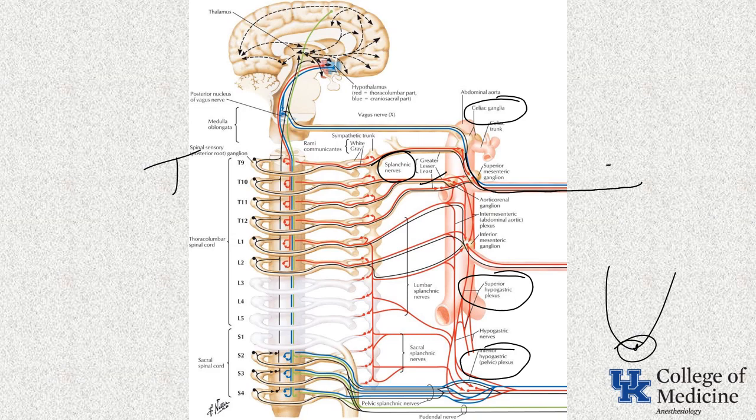In different parts of the abdomen, there are lumbar splanchnic nerves and then sacral splanchnic nerves that travel with the sympathetic nervous system. There's also pelvic splanchnic nerves at the bottom here, where parasympathetic and general visceral afferents travel with the parasympathetic fibers.